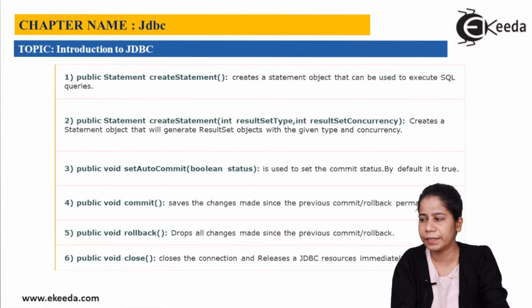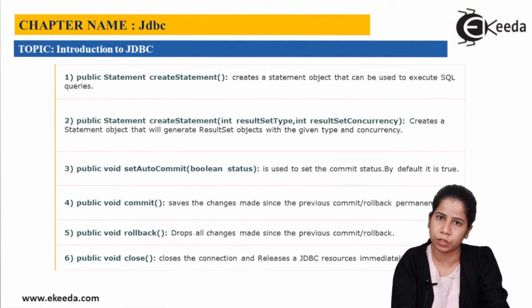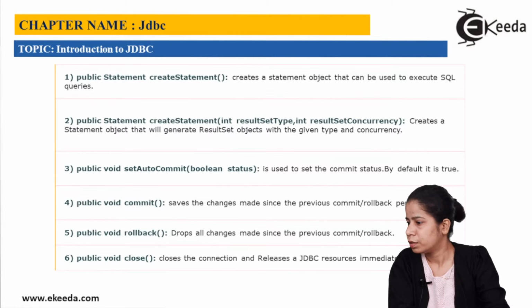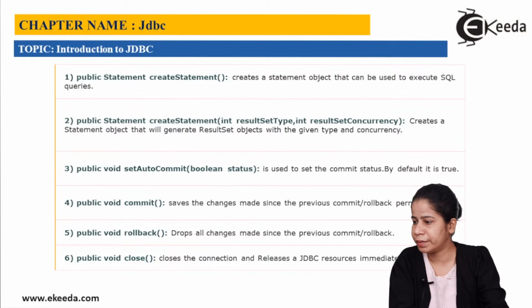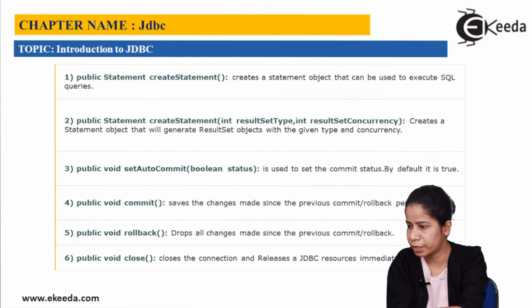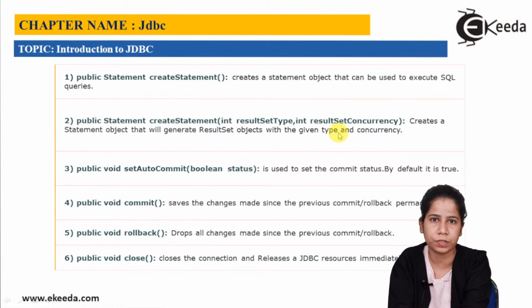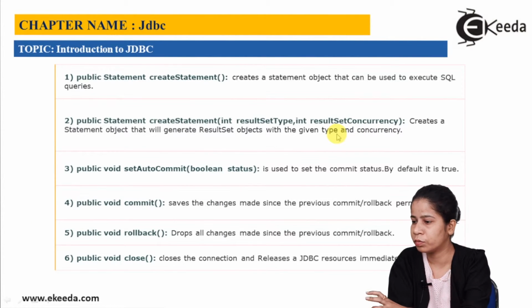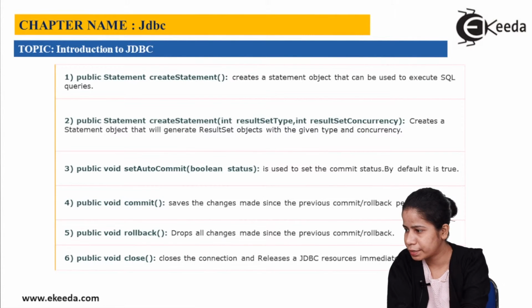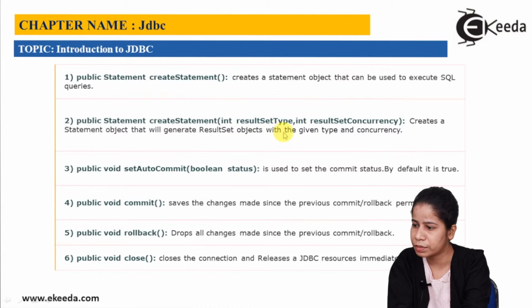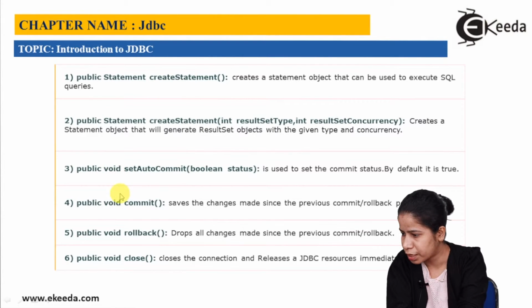So you require createStatement to fire the query to the database. Then there is public Statement createStatement, where you can specify what type of result you want or how the results are to be maintained. It creates a Statement object that generates ResultSet objects with the given type and concurrency control. Then we have three methods for transaction management.